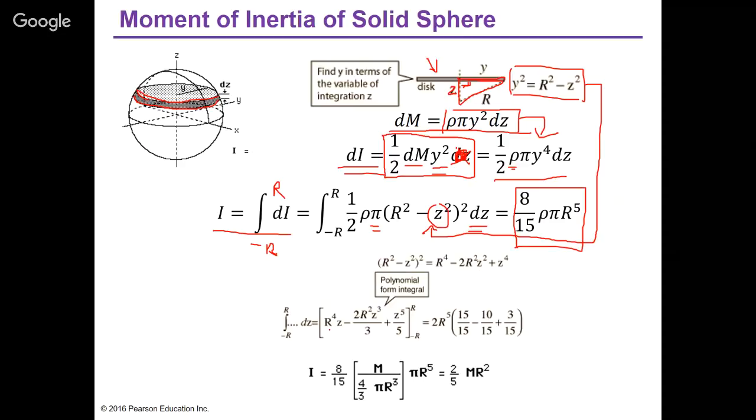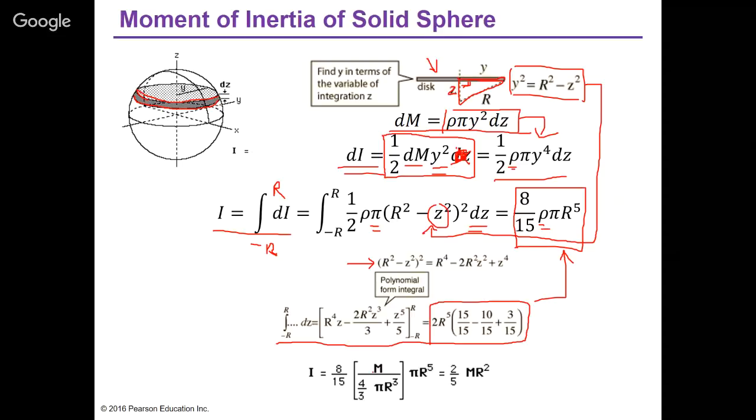So here I write out how this thing is derived. You basically expand this term, and this is a polynomial that will be integrated, and you will end up having all of these constants in front of r to the fifth that give you this result, okay? And the other thing is the rho here, right?